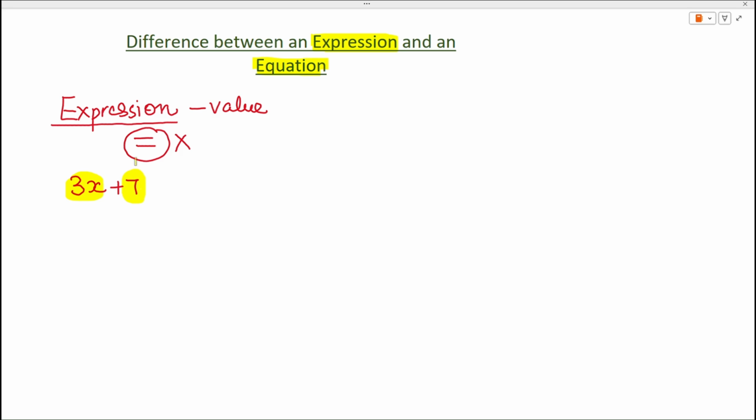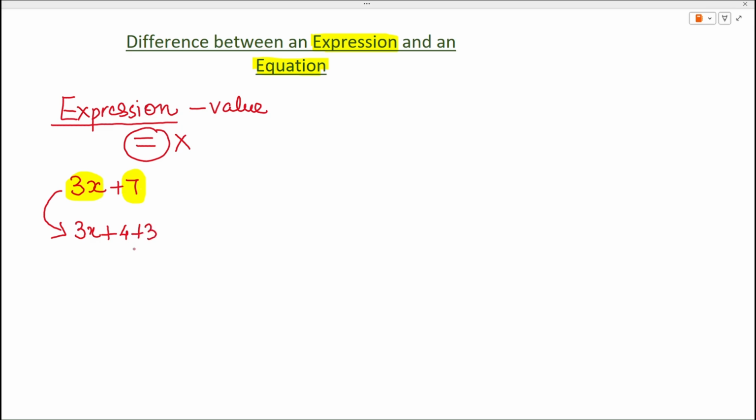So an expression would have a term with a variable and in addition it might or might not have a constant. So this is our expression. An expression can also be simplified. I can write 3x plus 7 as 3x plus 4 plus 3.